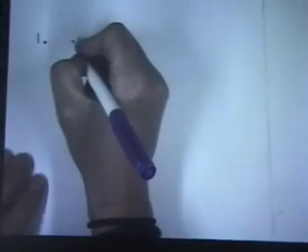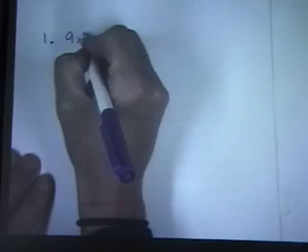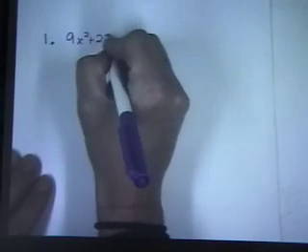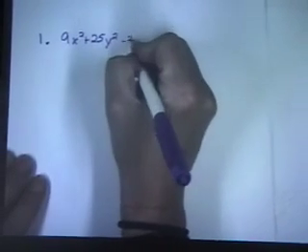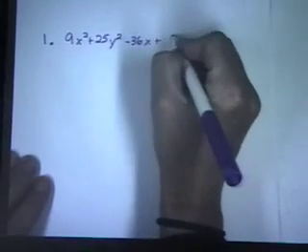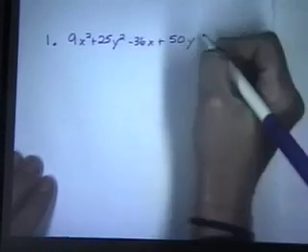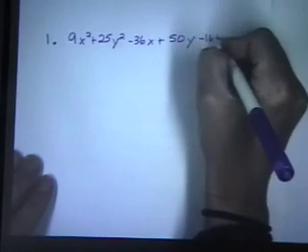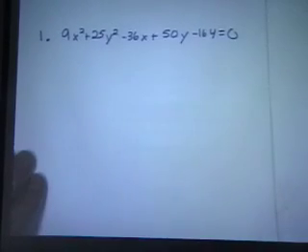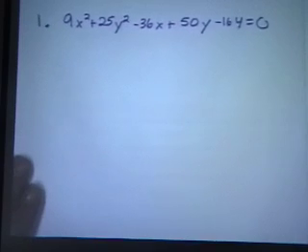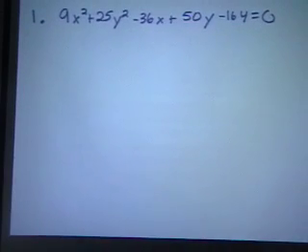Number 1 asks me to graph 9x squared plus 25y squared minus 36x plus 50y minus 164 equals 0. Step number 1 is to go ahead and get your x's by themselves and your y's by themselves.